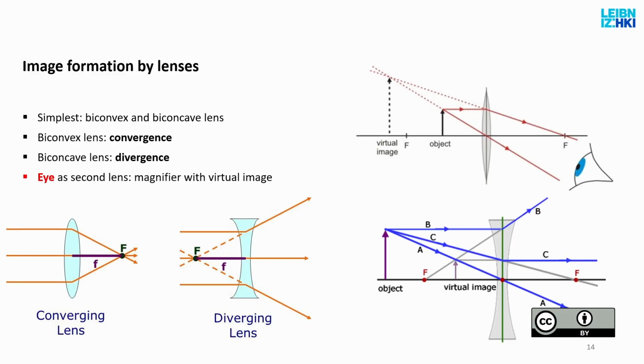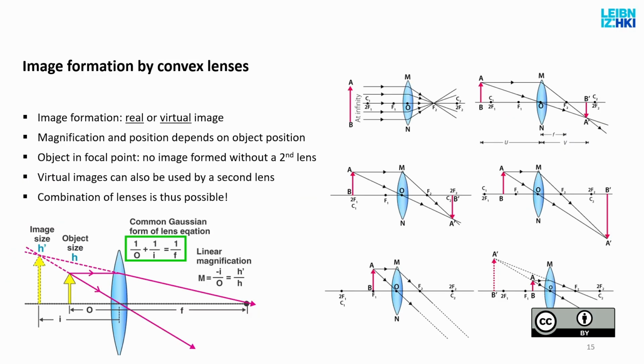So if you look at this drawing, you will observe the light beam that goes to the center doesn't change directions. The one that seems to be coming from the focal plane will be turned into a parallel beam. And this we can use to draw the formation of an image by any type of lens or any set of lenses.